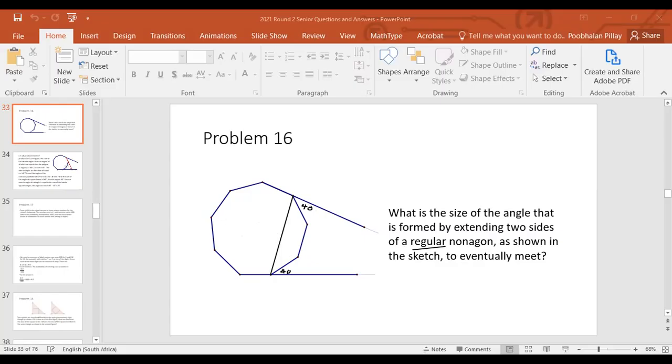Now this is a regular polygon, so all the internal angles are equal. And what are they equal to? If the exterior angle is 40, the interior must be 140. Okay, so now we need to work out these 2 angles. They are evidently equal.